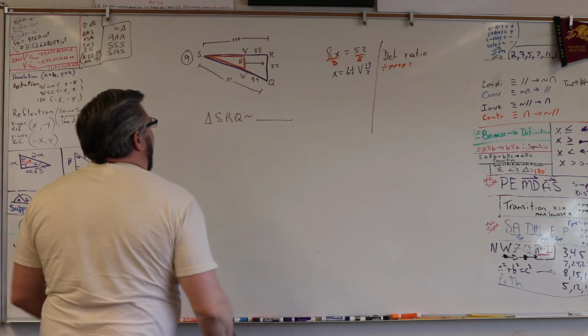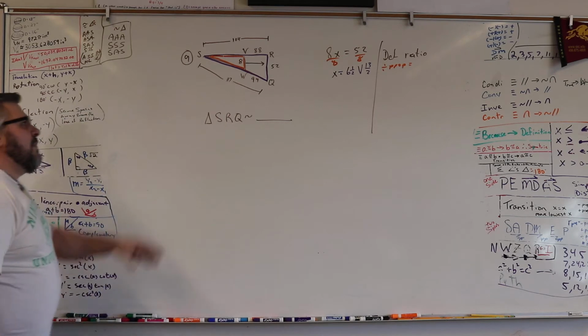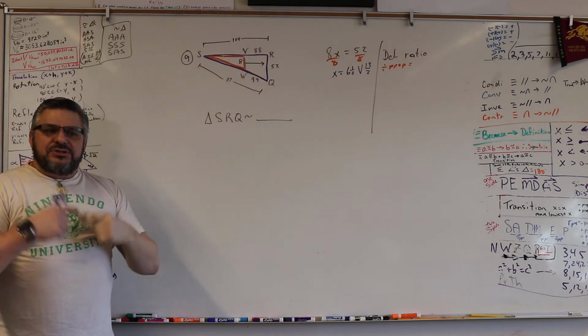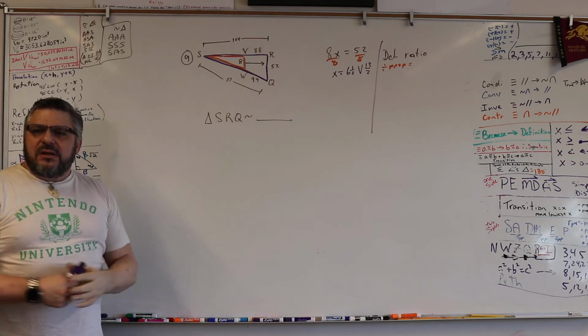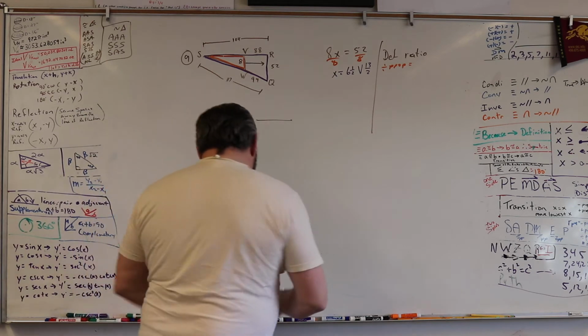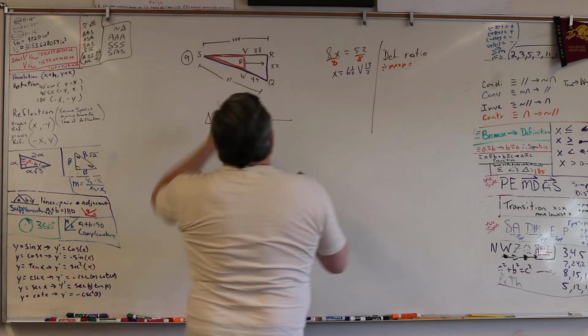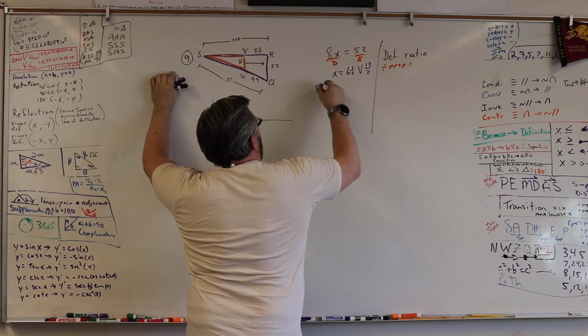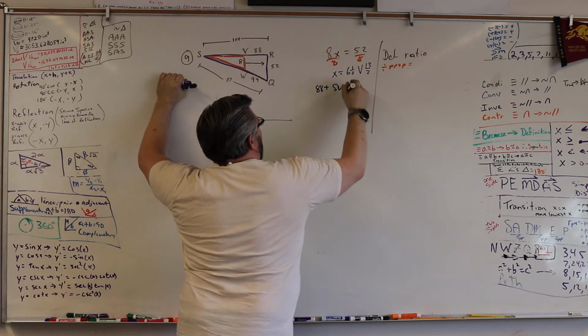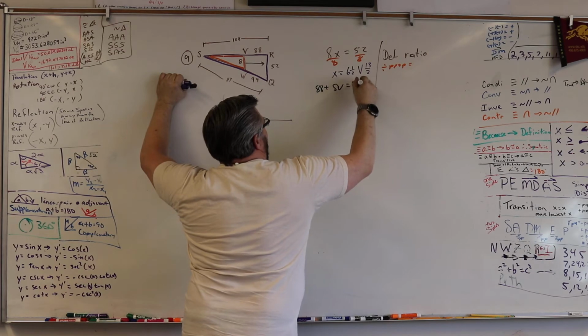All right, so how am I going to find the sides? Remember, two sides add up to be the bigger side, right? So I should know that 88 plus SV should equal 104.